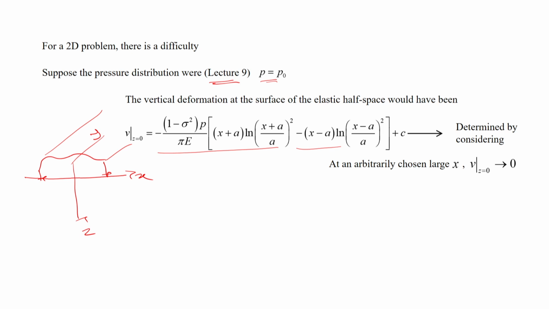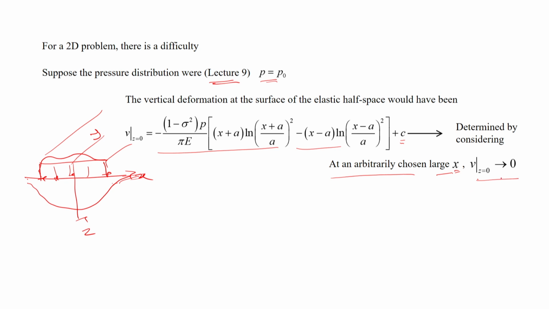Here, all these things are fine, but there is a constant there. This has to be determined by considering that at an arbitrarily chosen large x, this v will be equal to 0. So we are considering a constant load, and we find some kind of deformation, of course, but the deformation will be 0 at a distance that is much larger, a very large value of x, an arbitrarily chosen value of x where v is equal to 0.